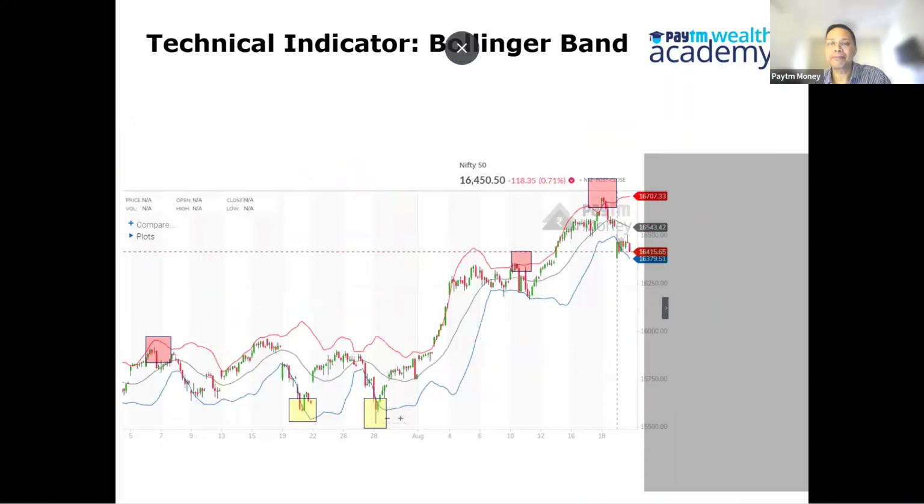हम लोग जाके अभी रियल चार्ट में यूज करेंगे.